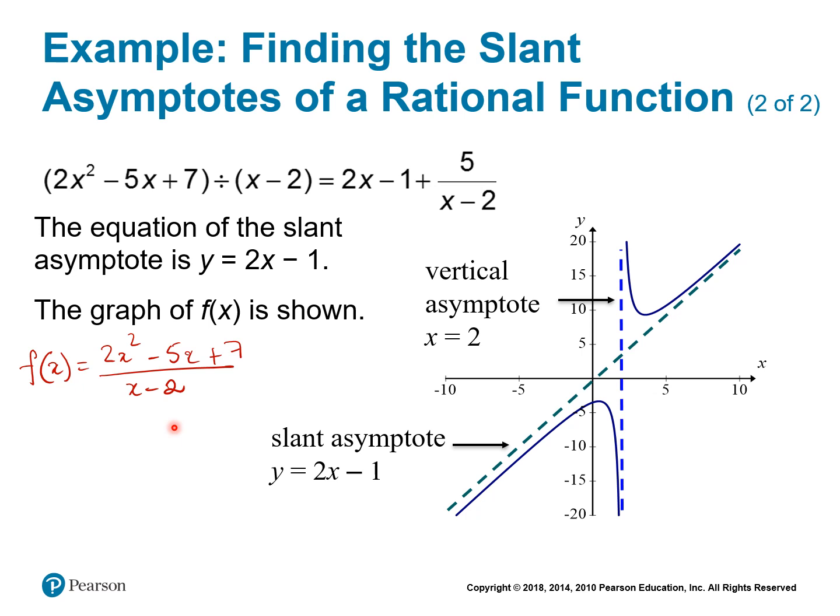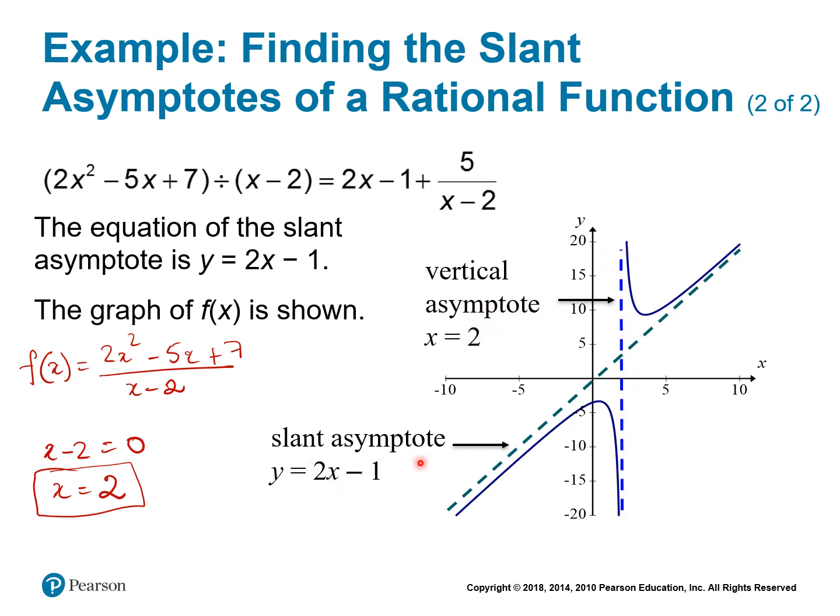That will give us the equation of the vertical asymptote. So if we take x minus 2 equal to 0 and solve for x, then x equals 2, the line x equals 2 will be our vertical asymptote. And that's why you see a vertical asymptote at x equals 2.